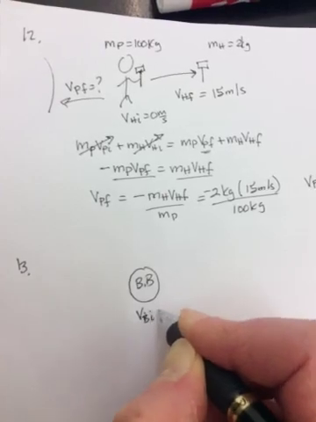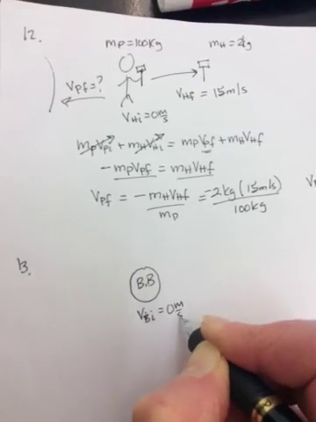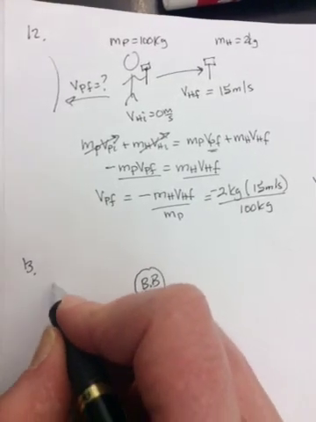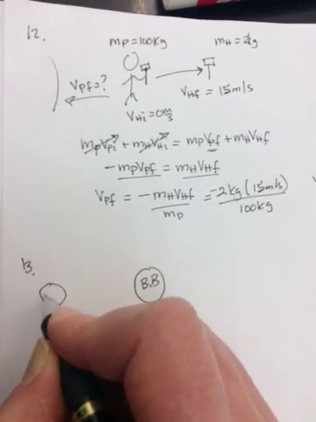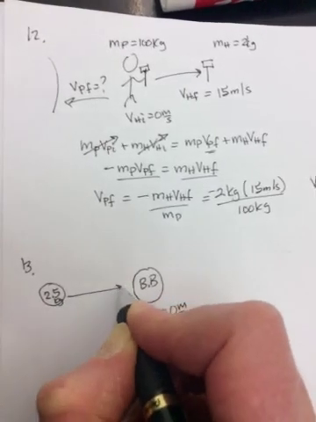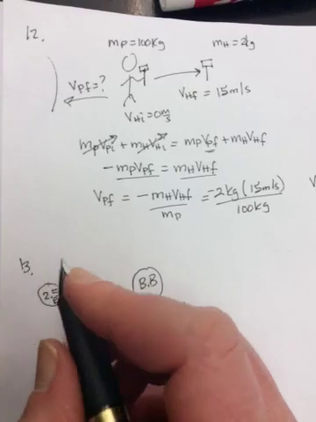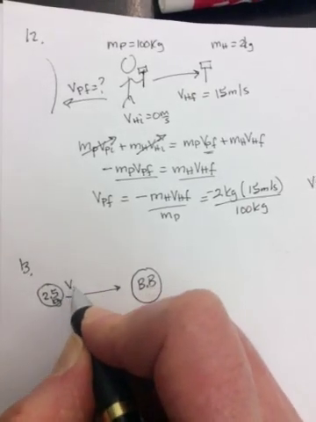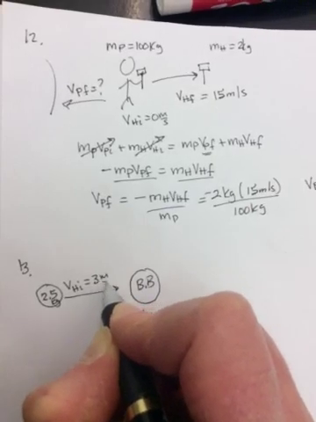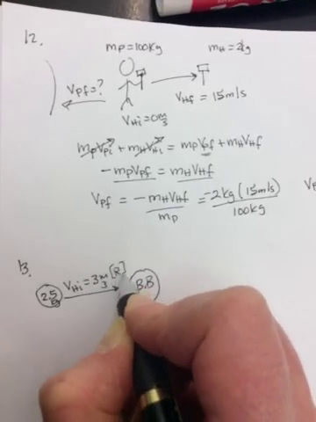V bowling initial is 0. And it says it's hit with a hard ball, mass of 2.5 kilograms, going to the right 3 meters per second. So V hard initial, 3 meters per second right.